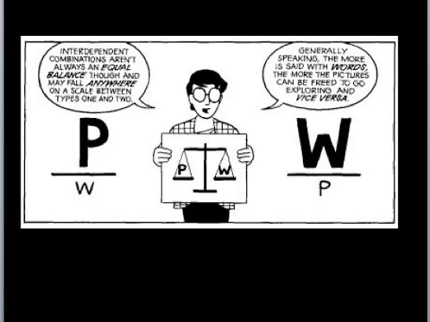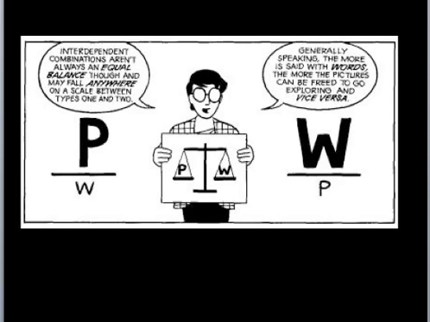So interdependent combinations aren't always an equal balance, though, and may fall anywhere on the scale between types 1 and 2. Generally speaking, the more is said with words, the more the pictures can be freed to go exploring, and vice versa. So it's a balancing act.